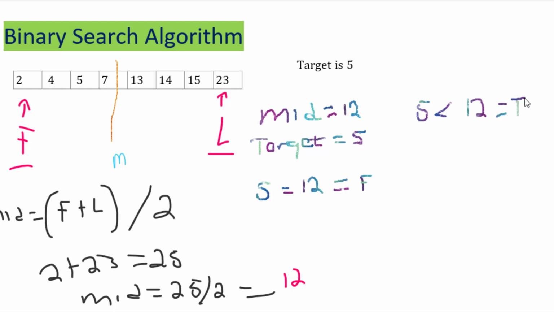So this will mean that the binary search algorithm will scan the first half only. Remember, here we have the first half and here we have the last half, because we have the border in between here, since our middle number is 12. So the binary search algorithm will continue to search for the target value here. If it finds the target, in this case it will find 5 here, it will return the position of the target.